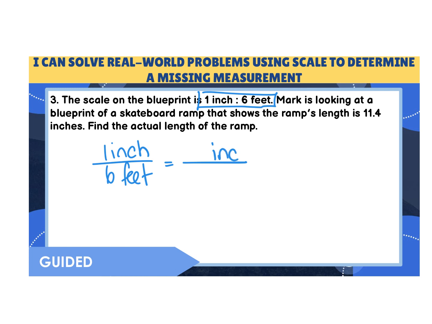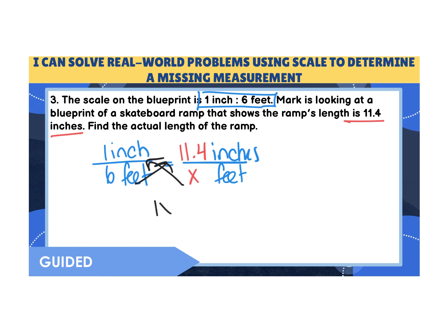If inches is on top, inches has to stay on top, feet is on bottom, got to stay on bottom. And then I'm going to go back in that question looking for that extra information. It tells me that the ramp is 11.4 inches, which means that my 11.4 is going to go next to my inches and my x will go next to my feet.